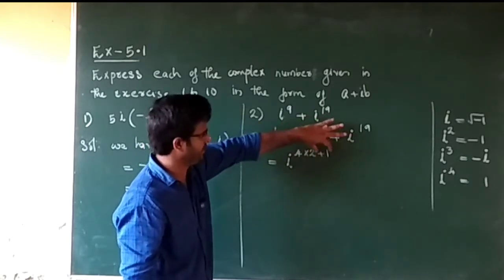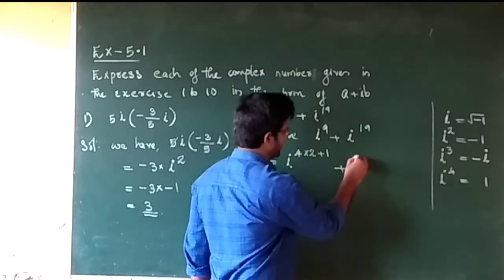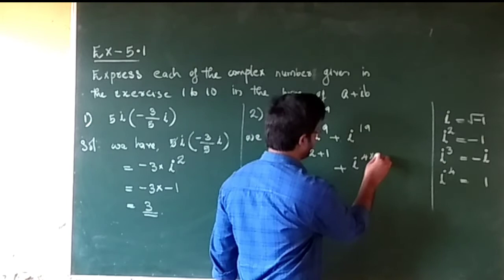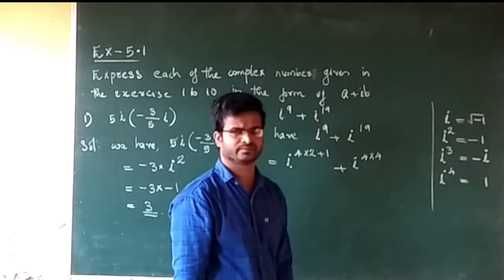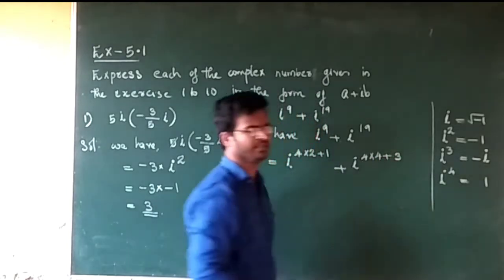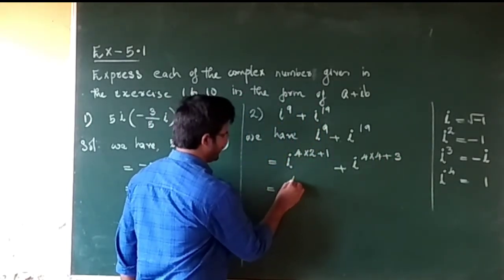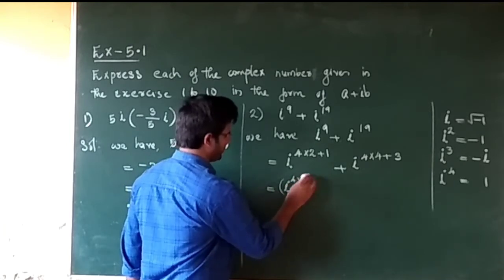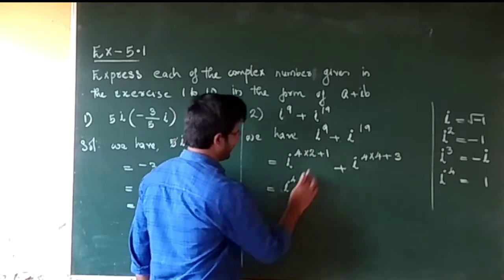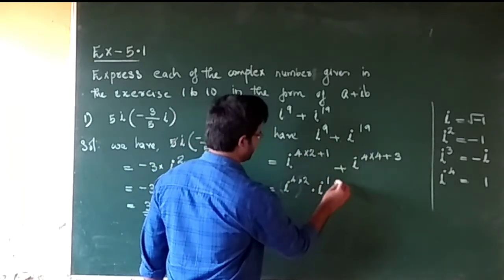Then remaining last, i raised to 1 only, plus i raised to 19, how we can write? We can write 4 into 4, 16. Then plus 3, 16 plus 3, 19 you will get. Then i raised to 4 whole into 2, into i raised to 1.